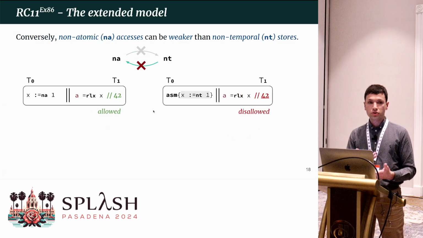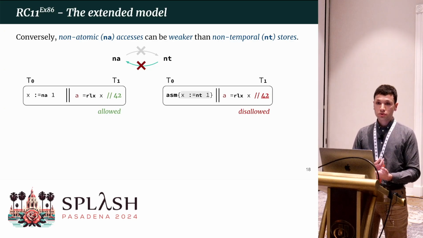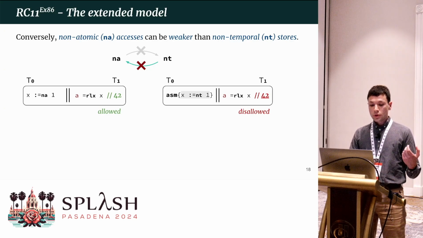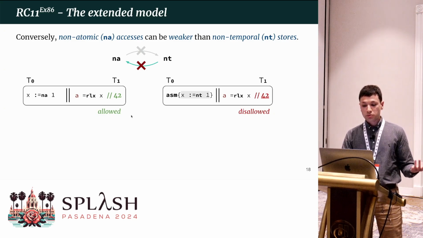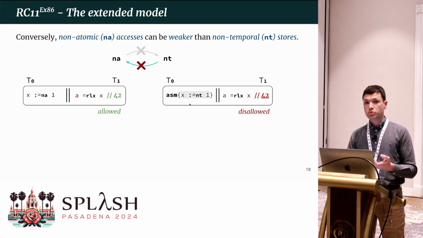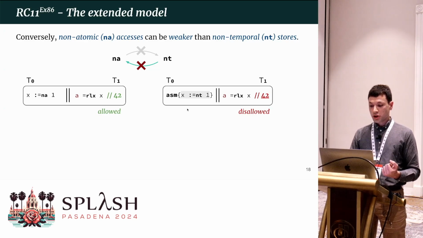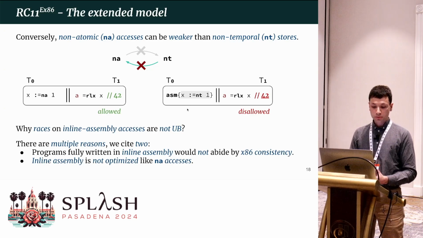And also the converse is true. Non-atomic access can be weaker than non-temporal stores because racy non-atomic access leads to undefined behavior, whereas in our model, racy access to non-temporal stores does not lead to undefined behavior. So this begs the question why we made this choice.